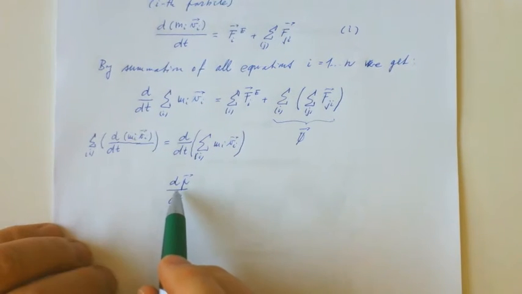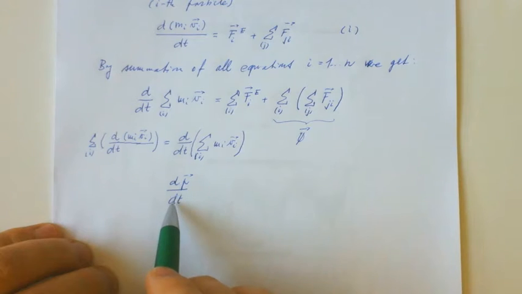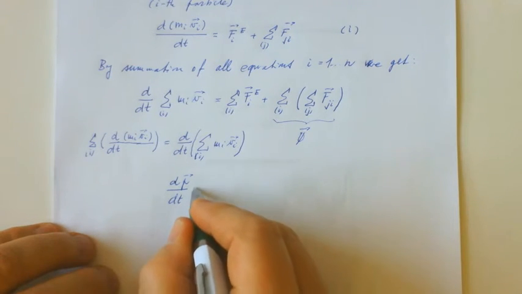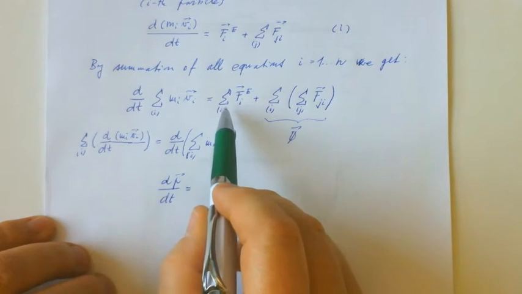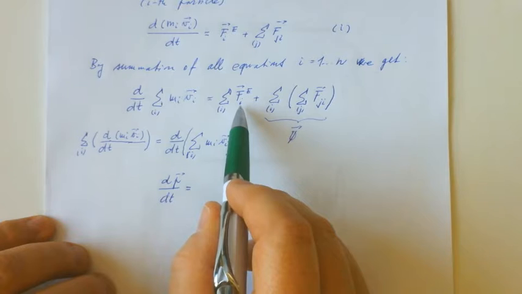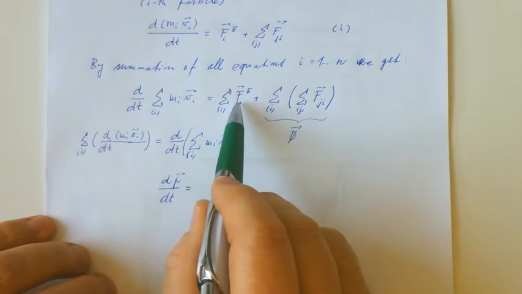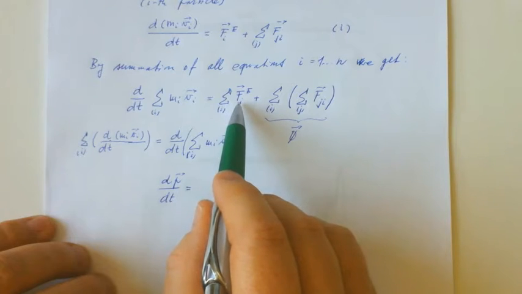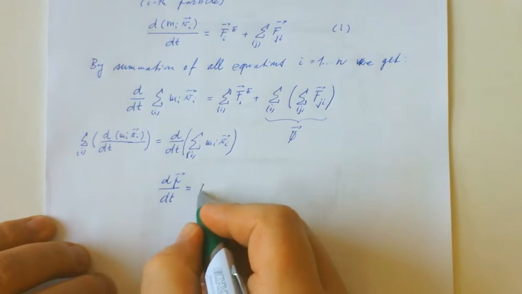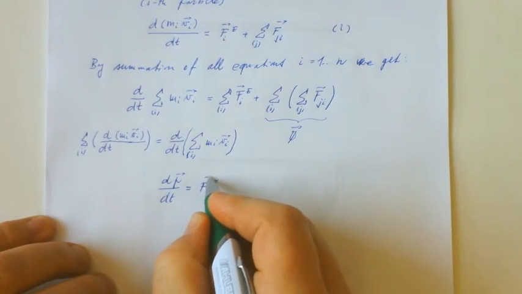Okay, so the derivative of momentum of the entire system of particles with respect to time is equal to the sum of all external forces acting on individual particles. So the sum of all external forces is a total resulting force.